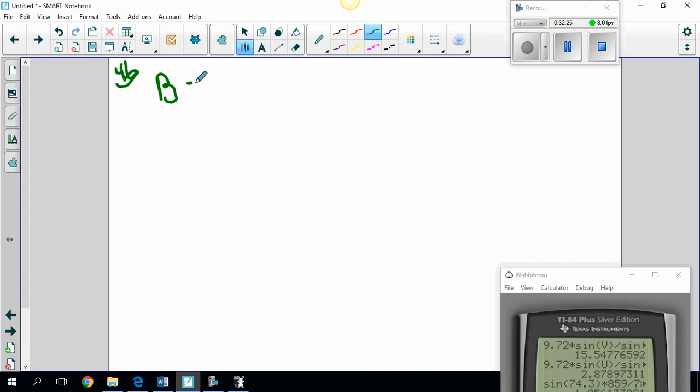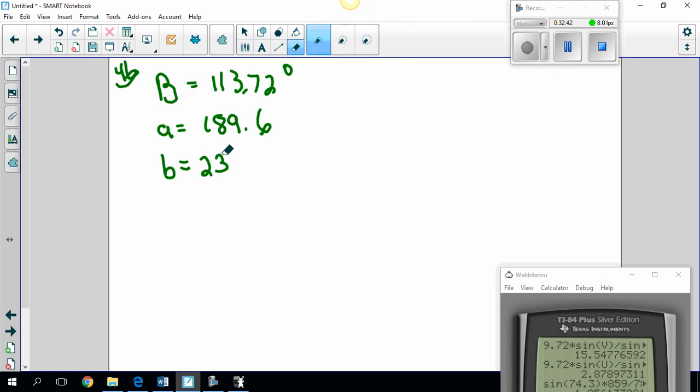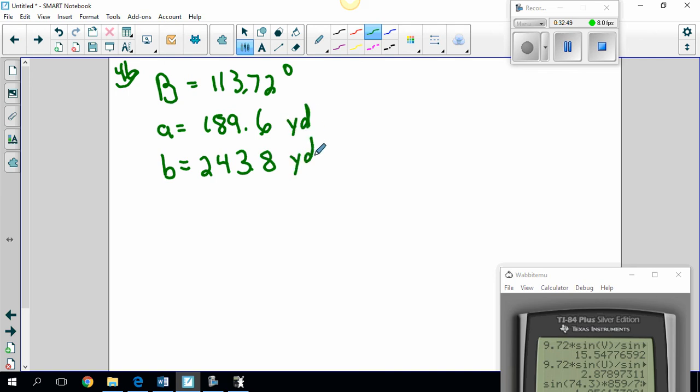Angle B is 113.72 degrees. A, 189.6, therefore not quite law of sines. And then boom, there's a pair, and that's going to be a 43. And these are both in yards, degrees.